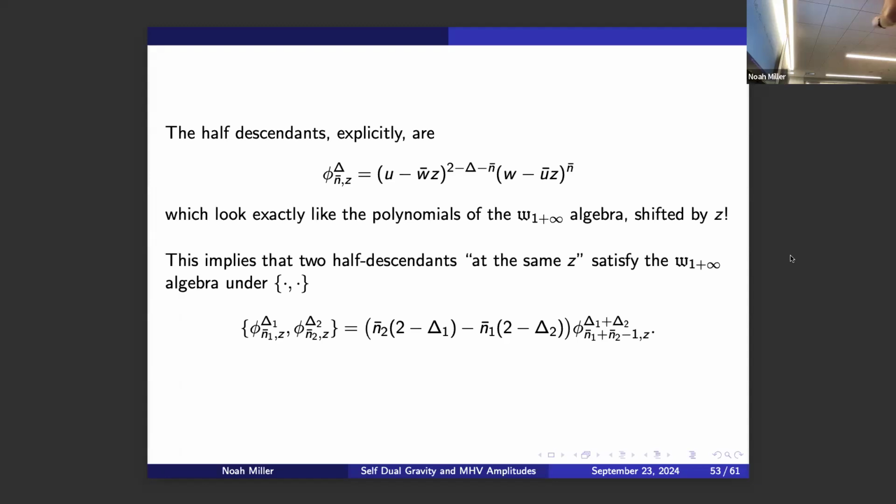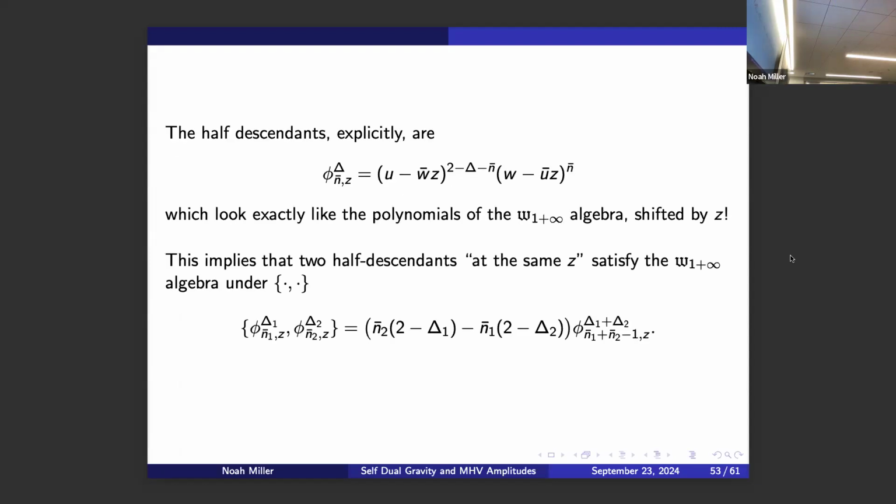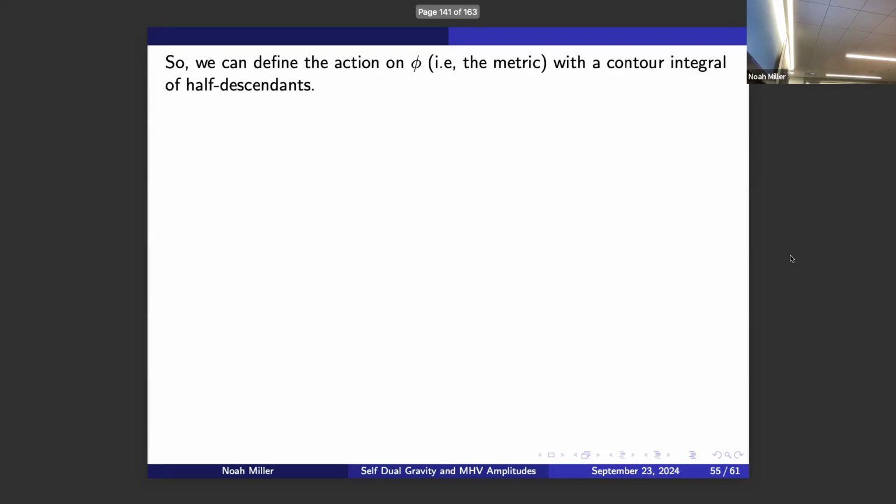So you take two of these gravitons with a very funny wave function. They both have the same z, but they can have any delta and n bar. You put them in the Poisson bracket, you get the W1+infinity algebra. Although on the space of self-dual metrics, you'll have the loop algebra, you'll see in a second. The point is that if you redefine the seed functions to be these half descendants, then this tree formula we had from before still holds. You just have trees, but now each node of the tree is a half descendant instead of a plane wave.